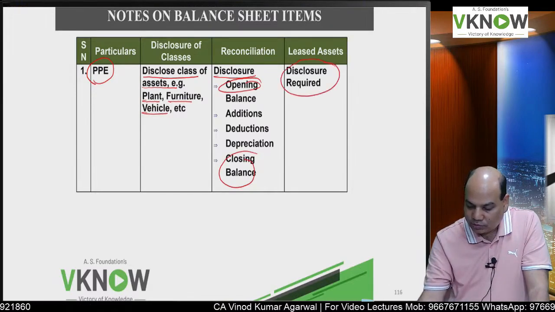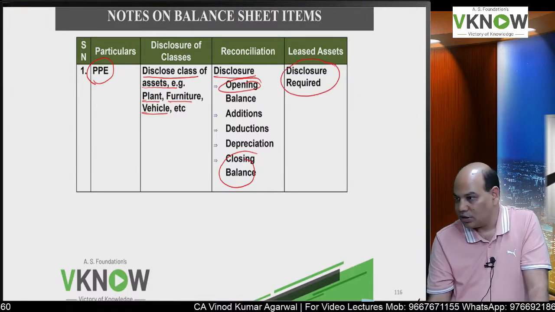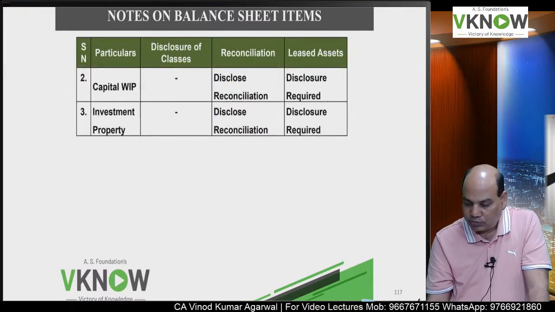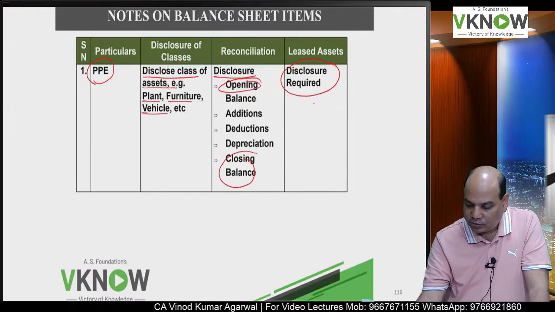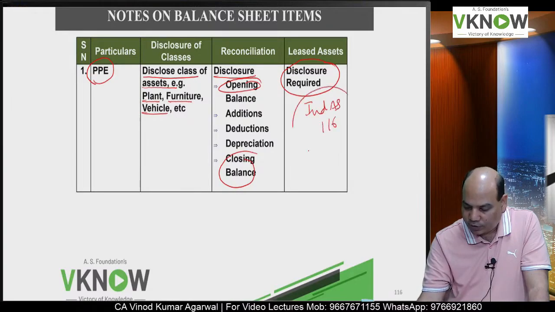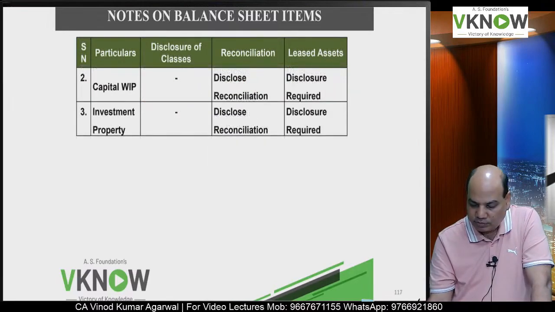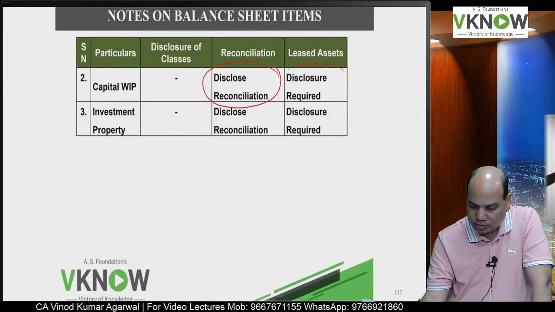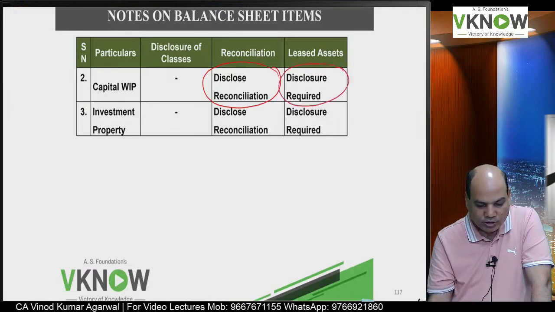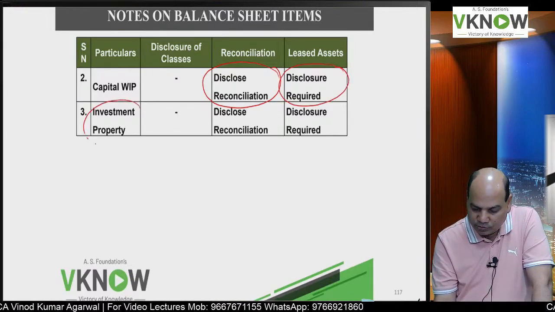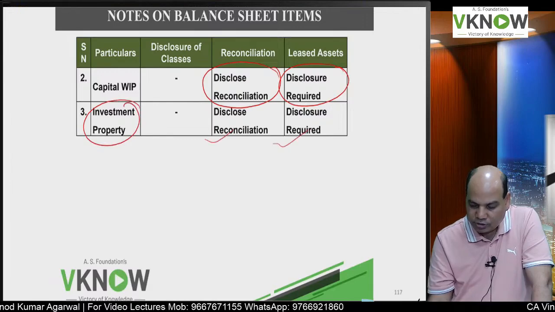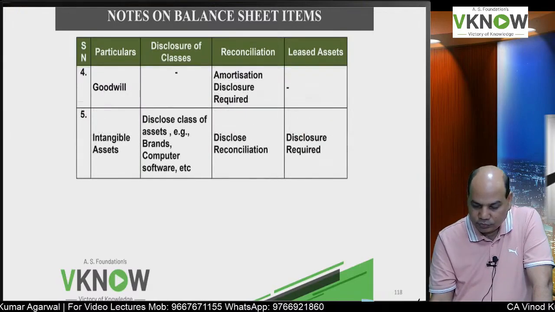Same disclosures required for leased asset also. For leases, we have to also refer to the disclosures given in Ind AS 116. Capital WIP, you have to give a reconciliation from opening to closing, and the same thing for leased asset also. Investment property, same disclosures are required.